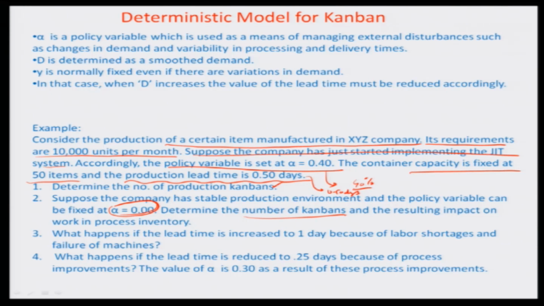For example, what happens if the lead time is increased to 1 day because of labor shortages and failure of machines, or if it is reduced to 0.25 days because of higher productivity and process improvements, what would be the number of Kanbans in that situation. And there you have to assume obviously a lower value of the policy variable. So, let us address these one by one and try to see what we get.